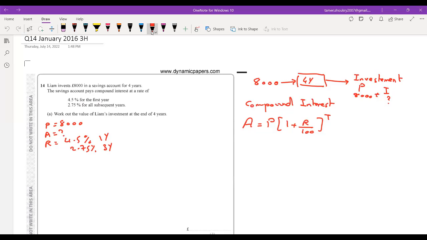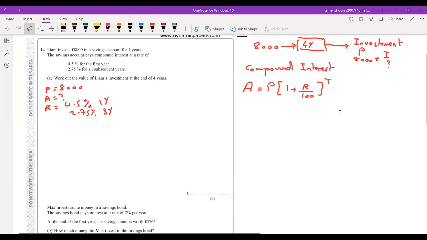So in order to get the investment, we cannot use the law A equals P multiplied by 1 plus R over 100 to the power T and put T equal 4, because the bank gives two different interests. First is 4.5 in the first year, and the remaining 3 years is 2.75. What we need to do here is to split.